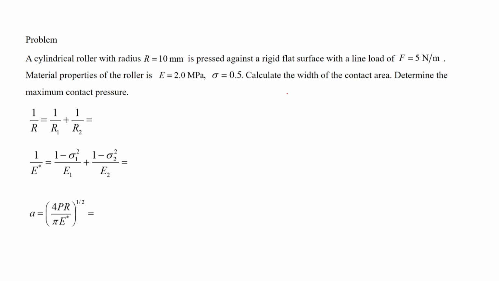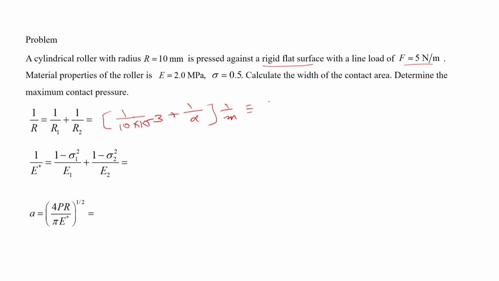Let us say a cylindrical roller with a radius of 10 millimeter is pressed against a rigid flat surface with a line load of 5 Newton per meter. Here 1 by R is 1 by 10 millimeter, 10 into 10 to the power minus 3, plus 1 by infinity, in units of 1 per meter.